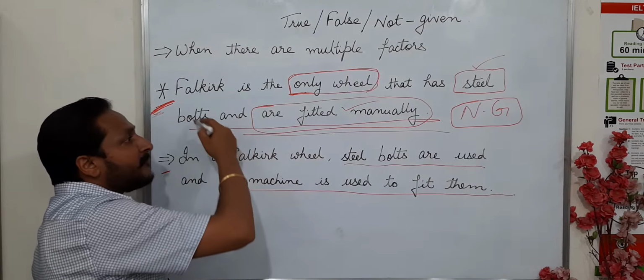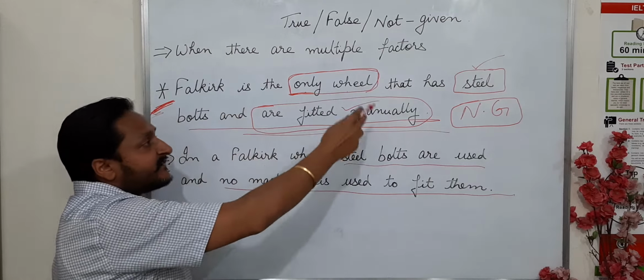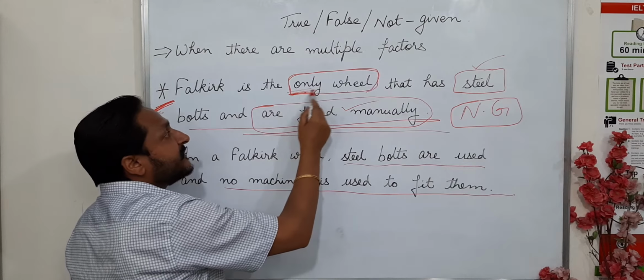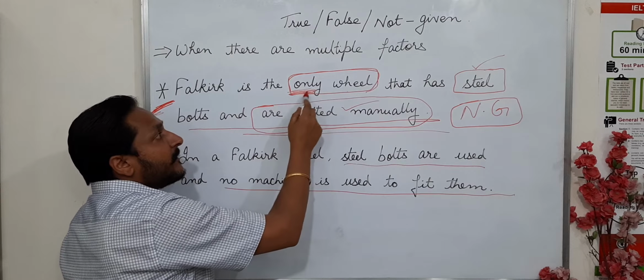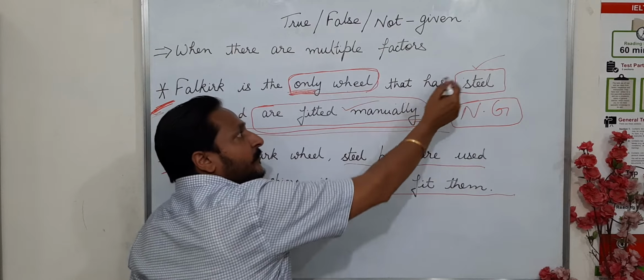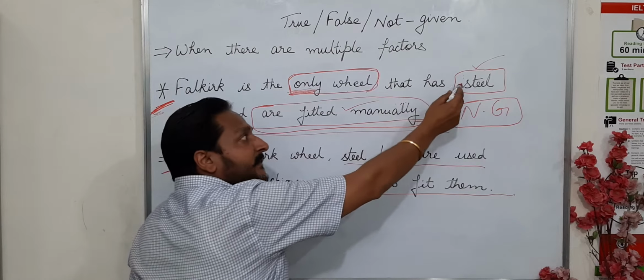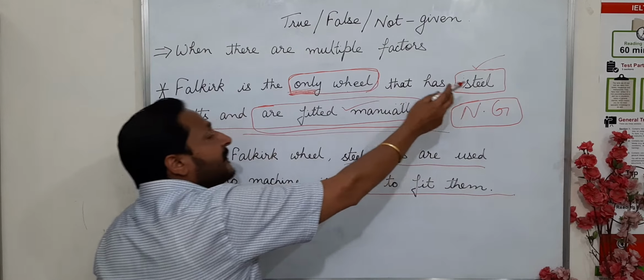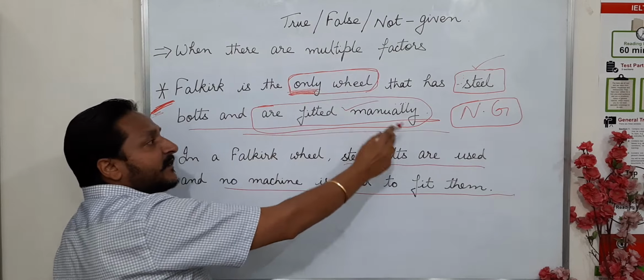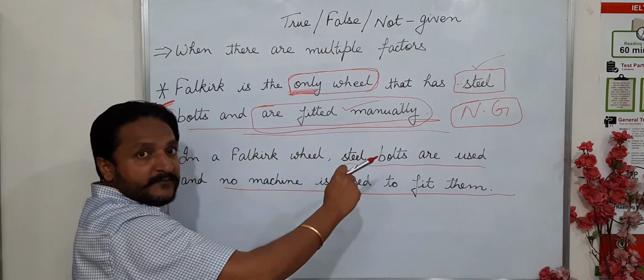We have marked the whole sentence as not given because of this thing. When the given things were true, both these things were true, that is why, because of only the wheel, I marked the whole statement as not given.